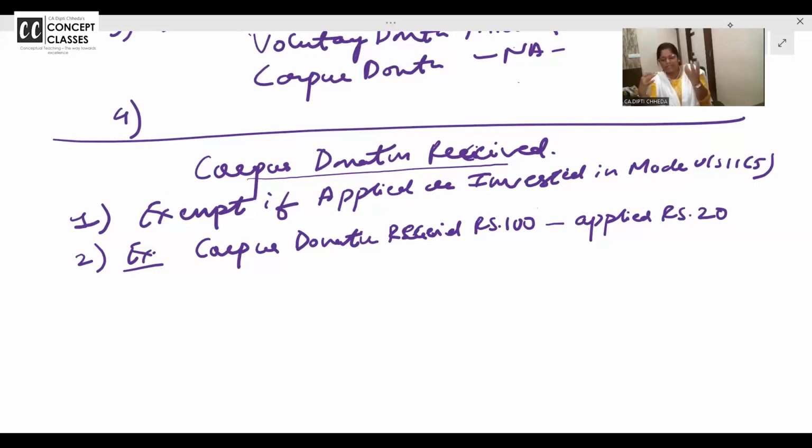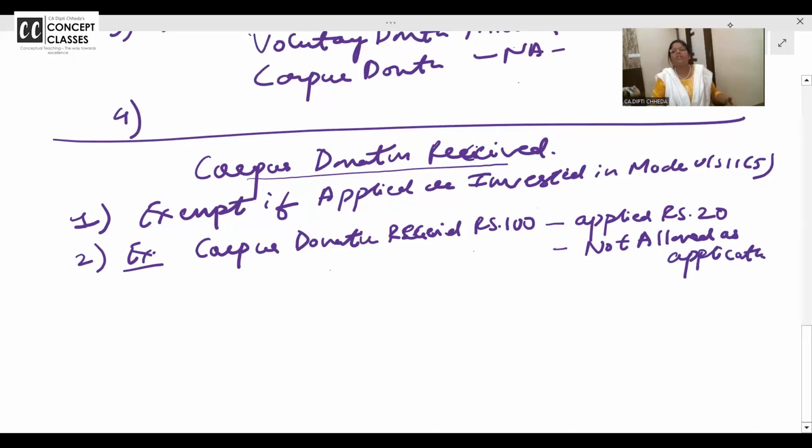From property income and routine income, 85% has to be applied. Corpus is itself exempt, so what will you apply from that? But out of corpus donations, 20 rupees you have applied. Will it be allowed? I am writing here: not allowed as application. 20 rupees is not treated as application because it is not applied from voluntary donations and the like. It is applied from corpus donations.